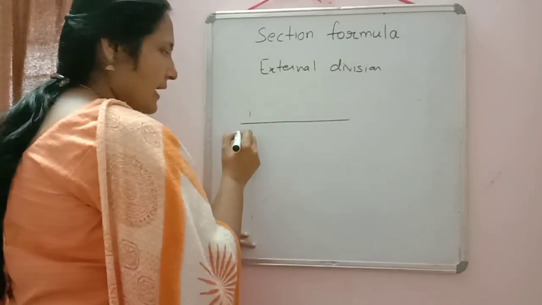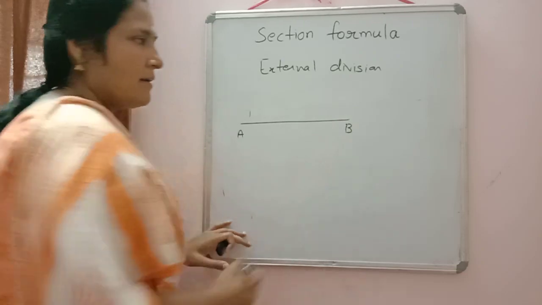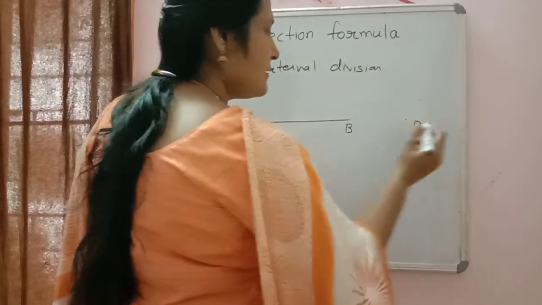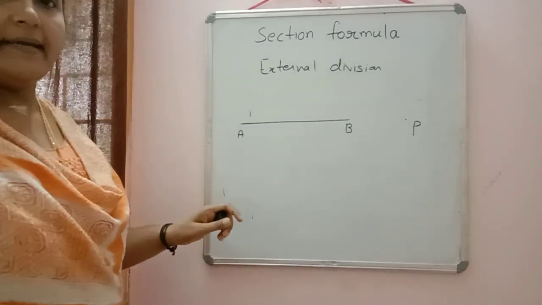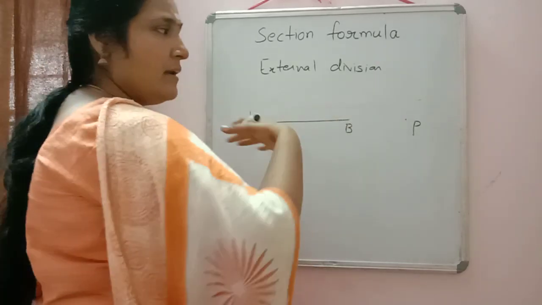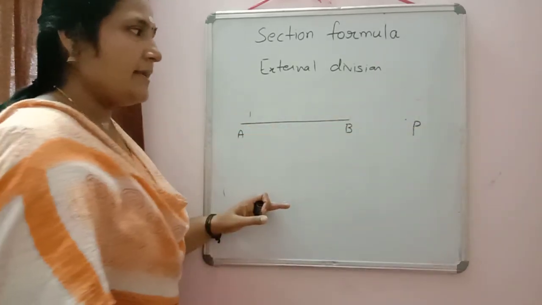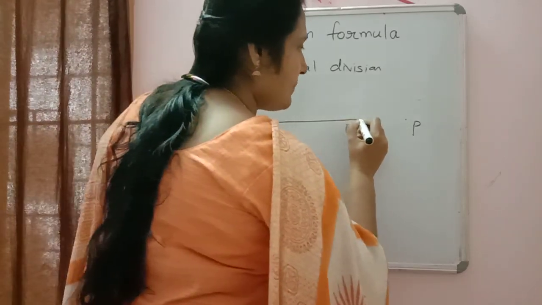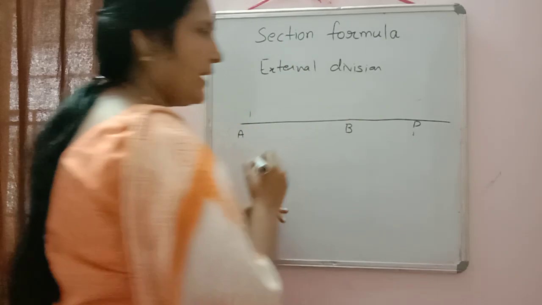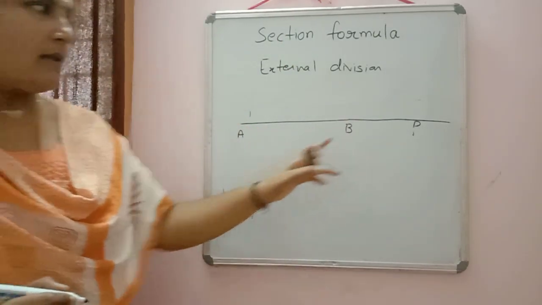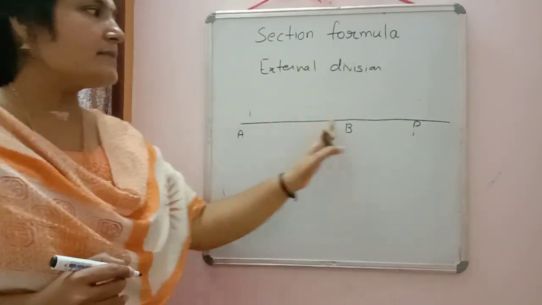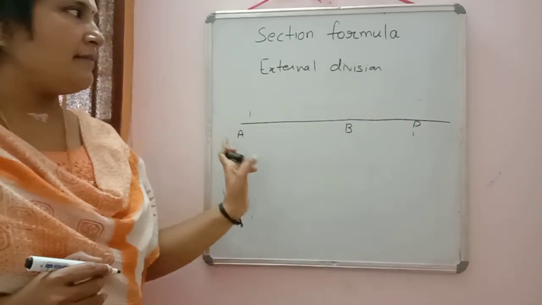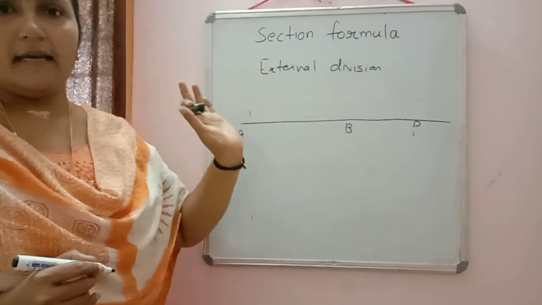We have the line segment AB and I have taken a point P somewhere else, not in the line segment AB, where I took the point P outside the line segment AB. So it divides AB when I extend the line AB. So when the point P is outside the line segment AB, then we will say P divides AB externally.